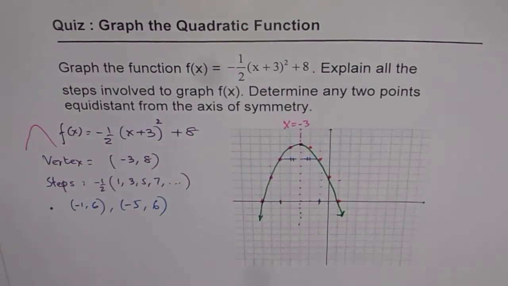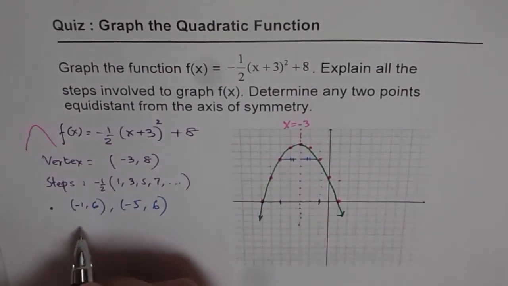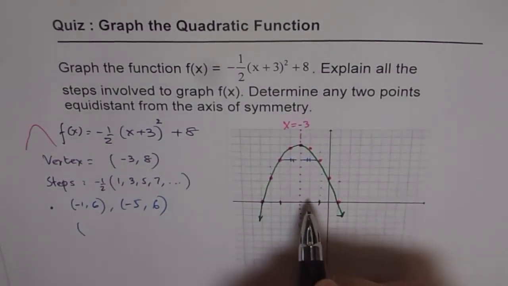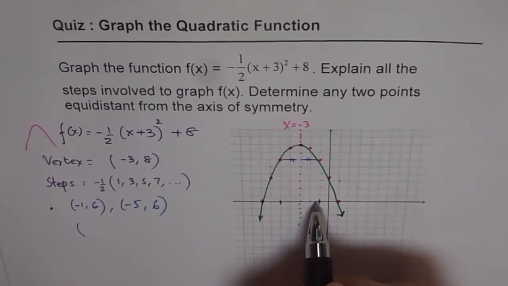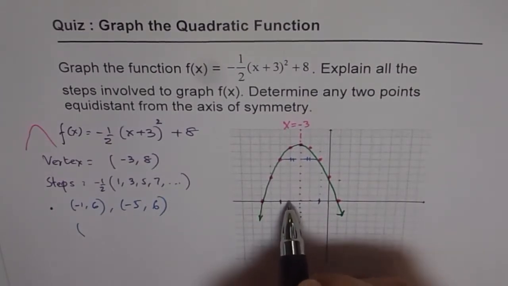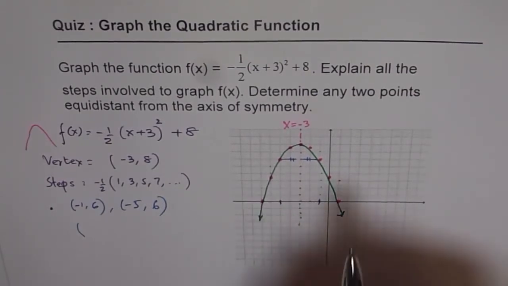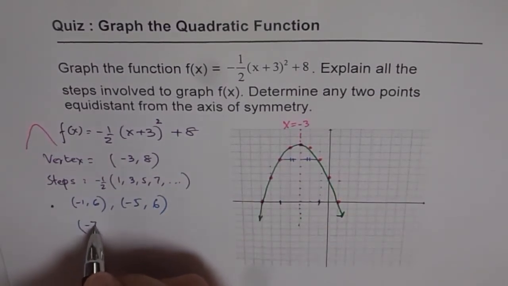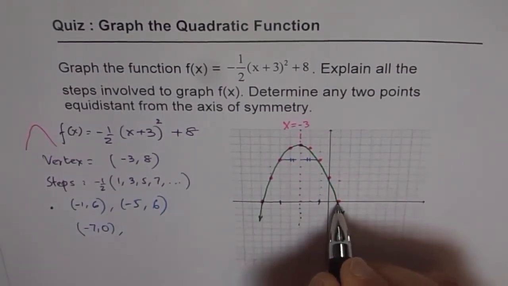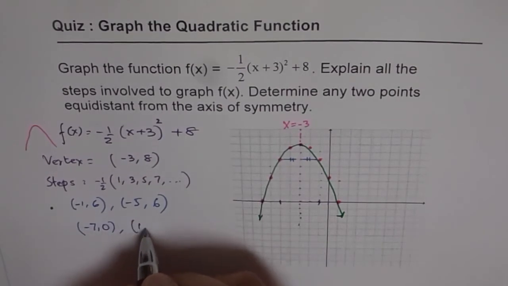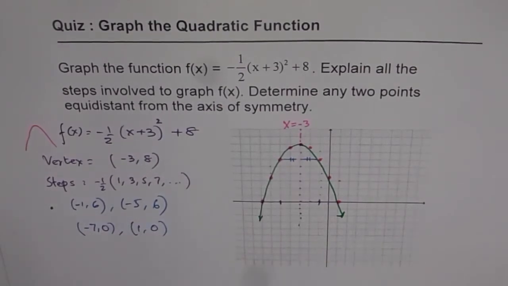That is what it is. And you can label the x-intercepts as the second set of points. Here 1, 2, 3 is the axis of symmetry, 4, 5, 6, 7. So 7 on the other side, which is (-7, 0), and 1 on the right. So (1, 0). So you could label like this.